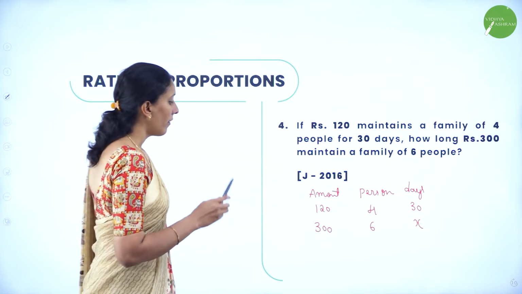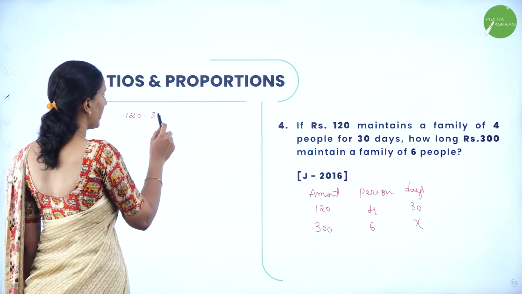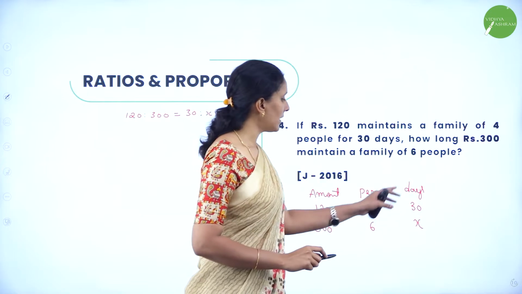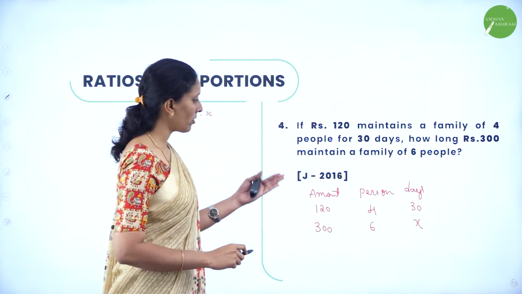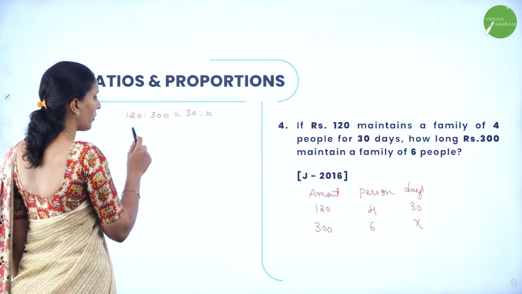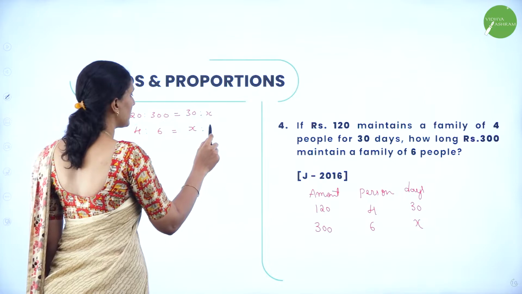So therefore they are directly proportional. So we can write 120 is to 300 is equal to 30 is to x. But number of persons and days are inversely proportional because as the number of persons increases, the number of days will get reduced. So therefore I can write 4 is to 6 is equal to x is to 30.